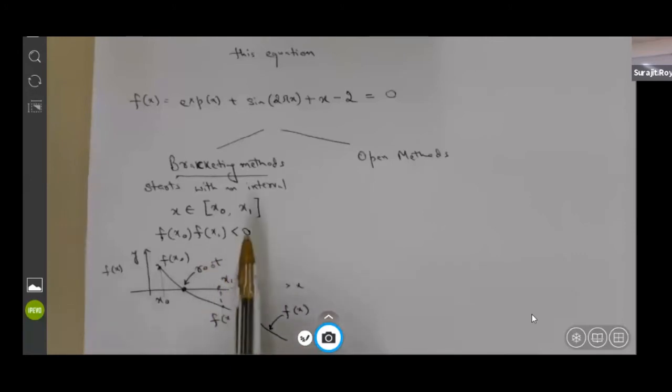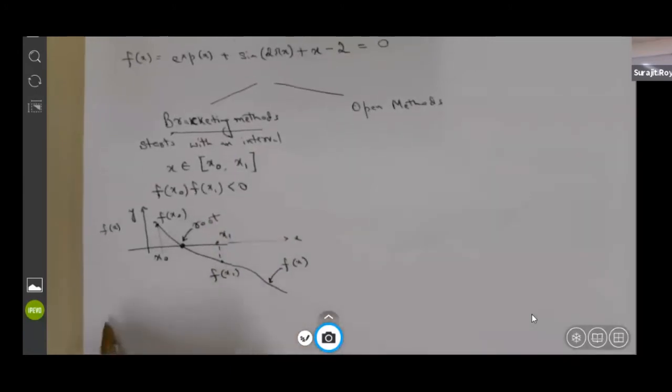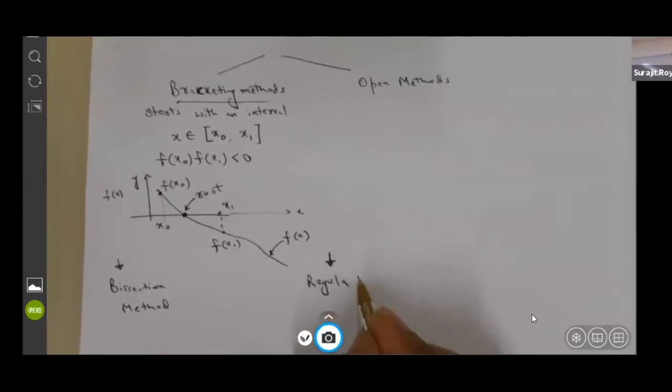And there are two types of bracketing techniques. One is called the bisection method. Another bracketing technique is known as regula falsi, or false position method.